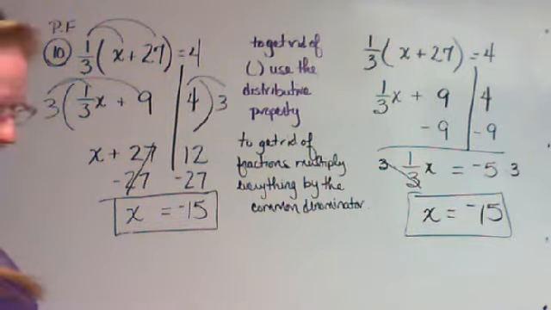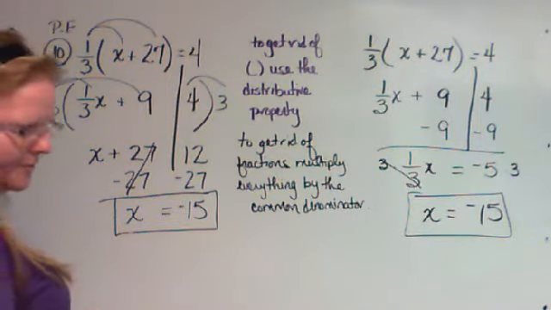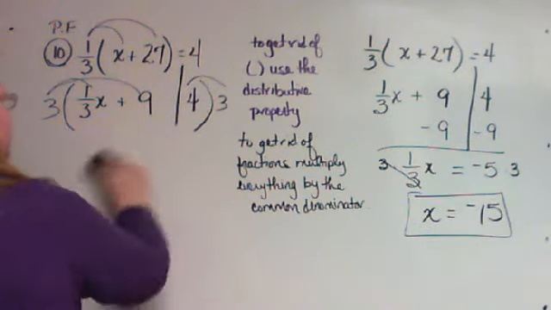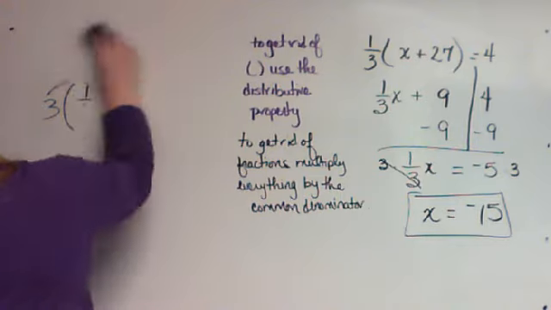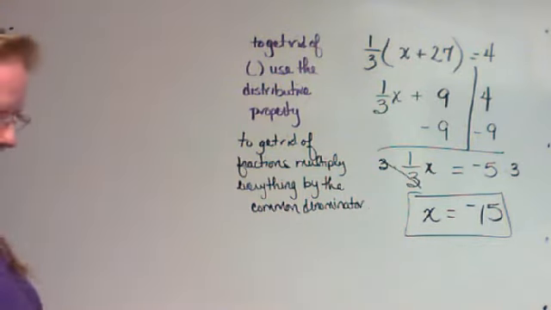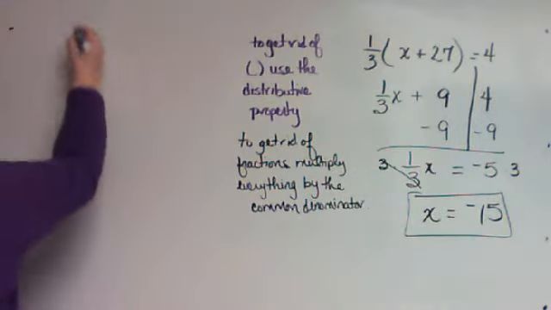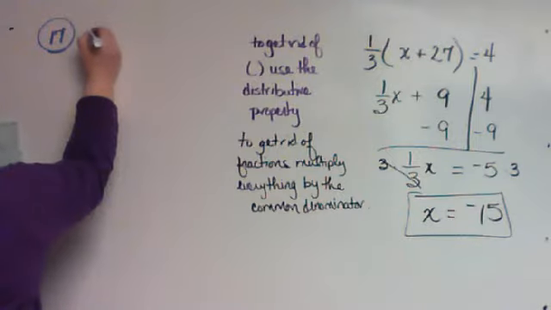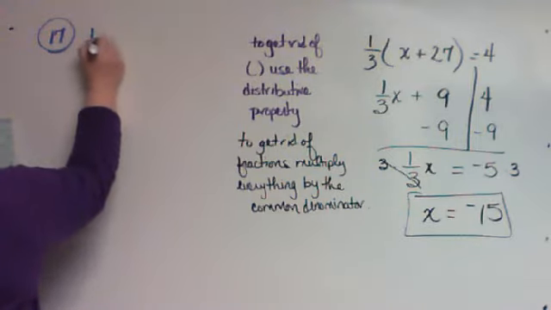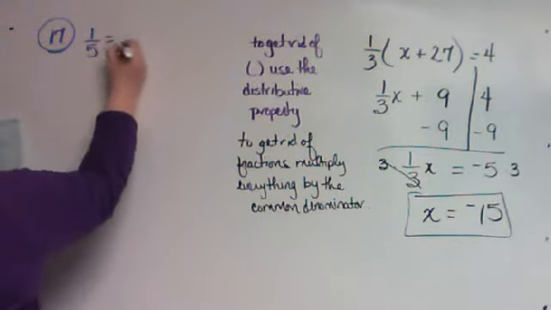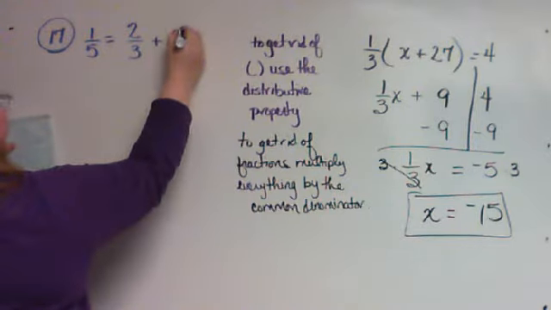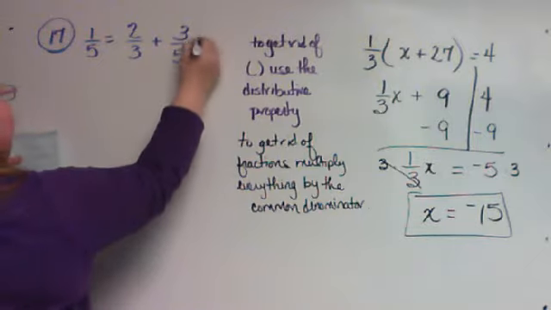Now you're thinking to yourself, yeah, but how often am I really going to have fractions on both sides? Well, let's look at number 17. 17 isn't that high up in the numbers, I'm just saying. 1 over 5 equals 2 over 3 plus 3 over 5x.